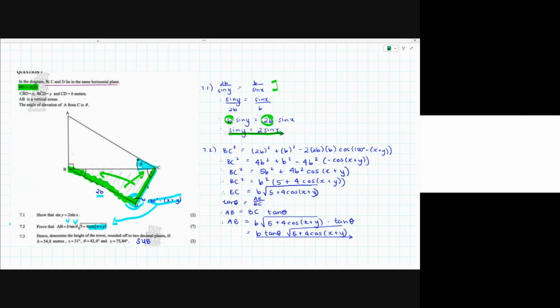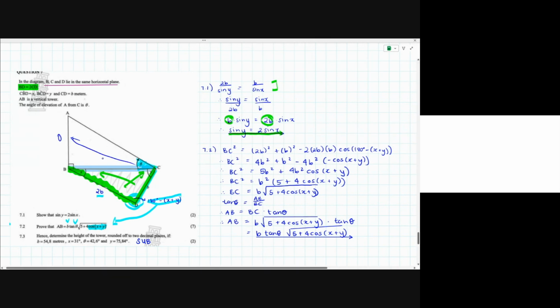All right. Now, when in doubt with these types of questions, if you really don't know what you're doing, the common side, so this side BC, is probably going to be important. If we just think about this in terms of us wanting AB, AB is in the right angle triangle. So here it is. It's the side opposite theta.